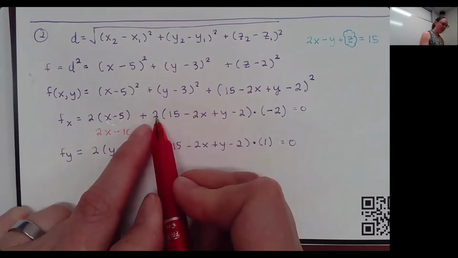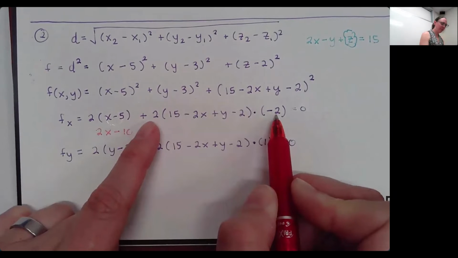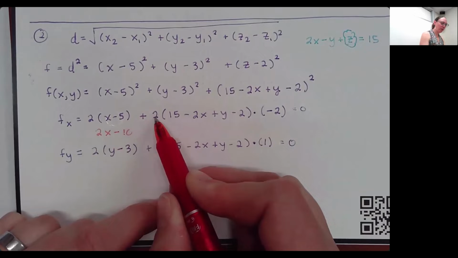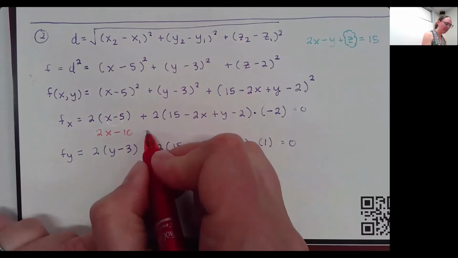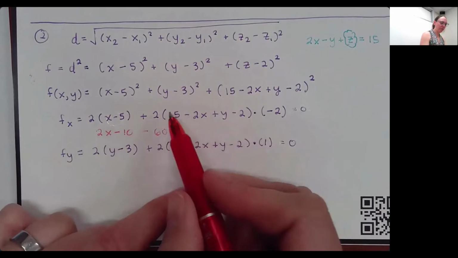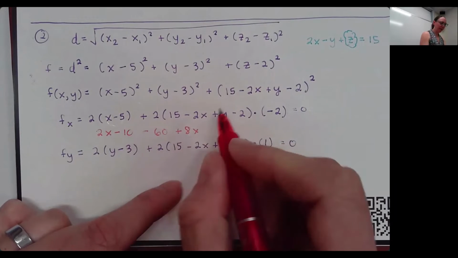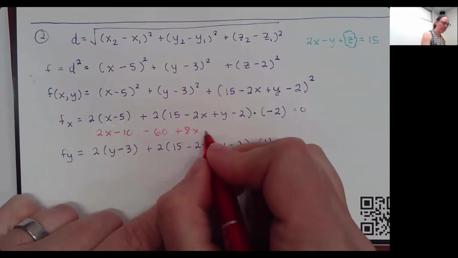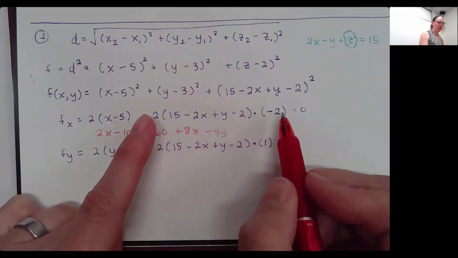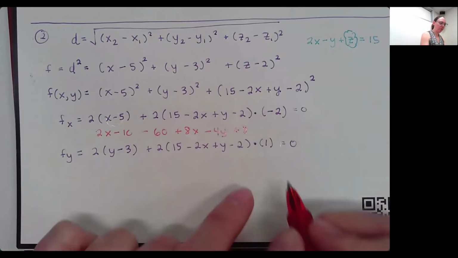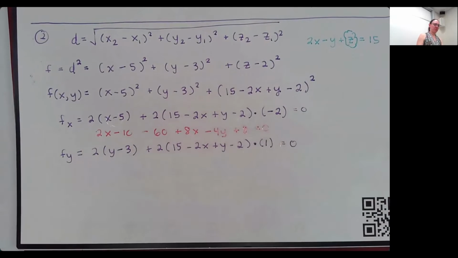I've got a 2 times a -2, so that's -4. So -4 times 15 would be -60. -4 times 2x would be positive 8x. -4 times y. And -4 times -2 would be positive 8. And that whole thing is equal to 0. Hoping I did all that right.